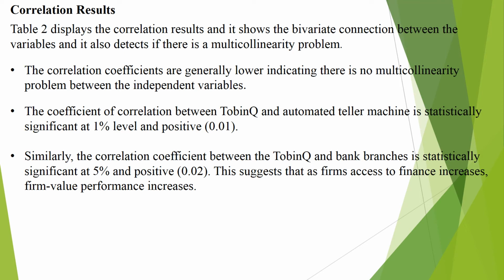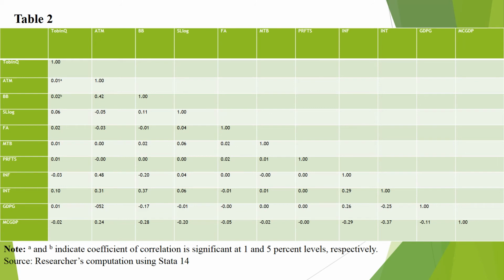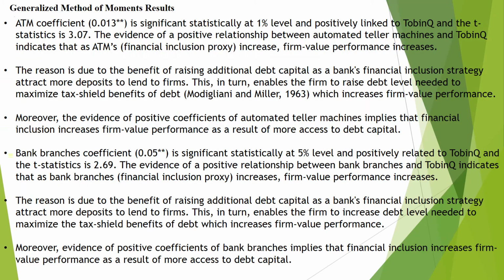So also the Tobin Q and bank branches are statistically significant. In general, it means that firm access to finance increases as firm value performance increases. This is the table computed by the authors using Stata 14. This is just the result I just explained.